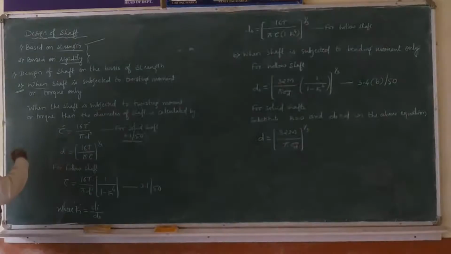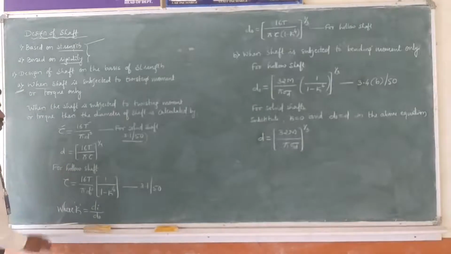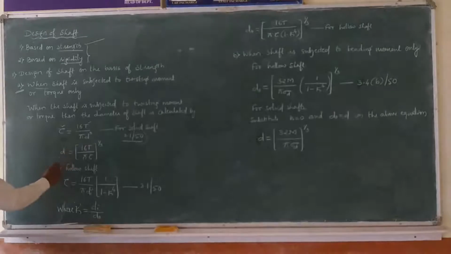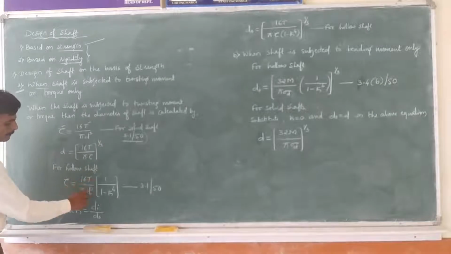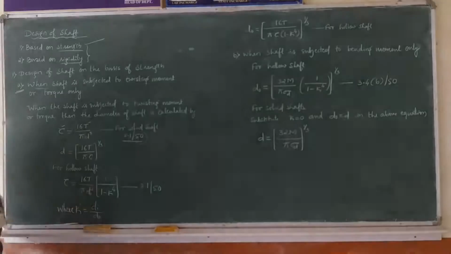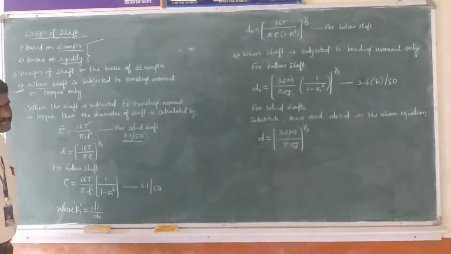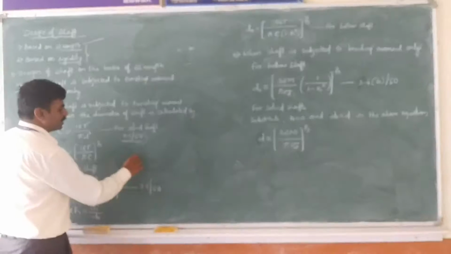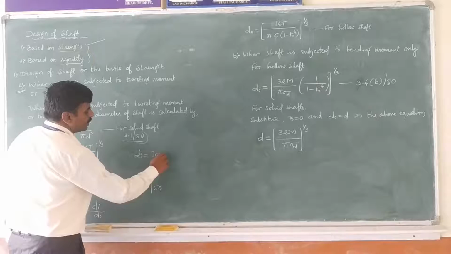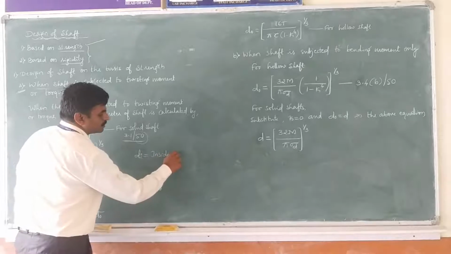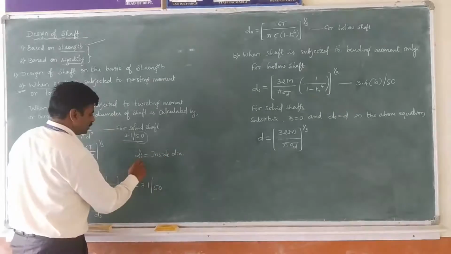Now how do we get the equation for hollow shaft? For hollow shaft, tau is equal to 16T by pi d naught cube, because a hollow shaft has two diameters, one inside and the other outside. The inside diameter we indicate by di, and the outside diameter by d naught.